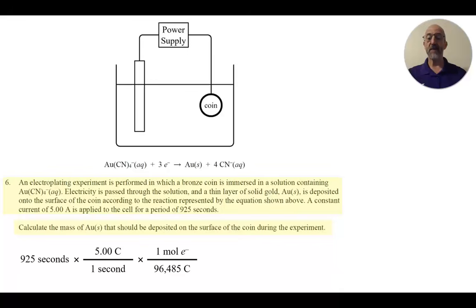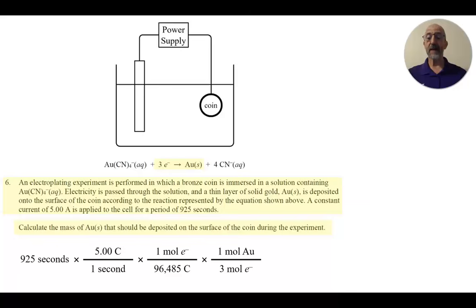Don't forget that we have a balanced equation in which 3 moles of electrons are featured as a reactant and 1 mole of solid gold is featured as a product. That tells me that for every 1 mole of gold that is produced, it involves 3 moles of electrons. So my next conversion factor looks like this: 1 mole of gold for every 3 moles of electrons.